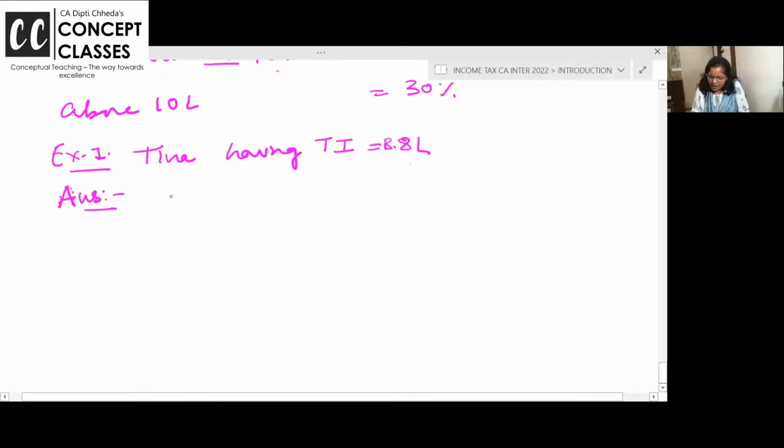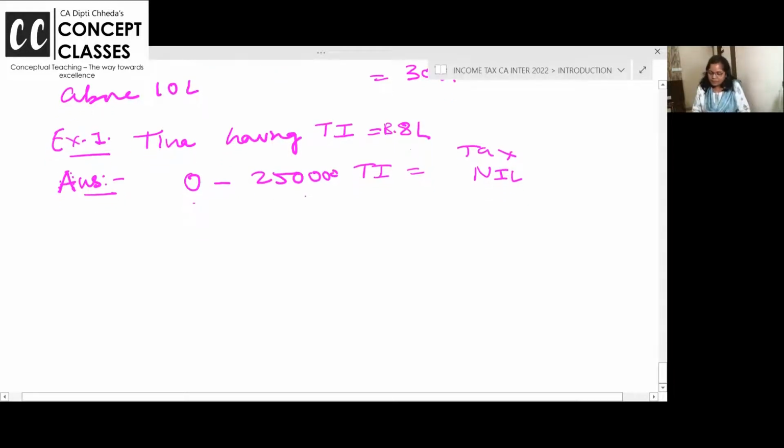Okay. Answer. 0 to 2,50,000 total income, tax is nil. Next, 2,50,000 to 5 lakh.